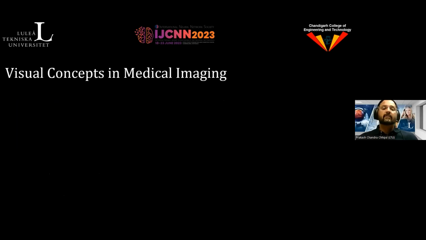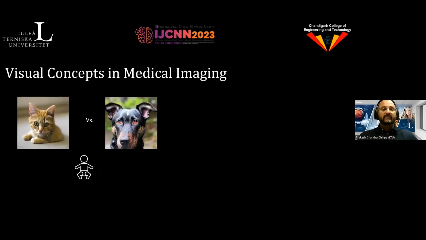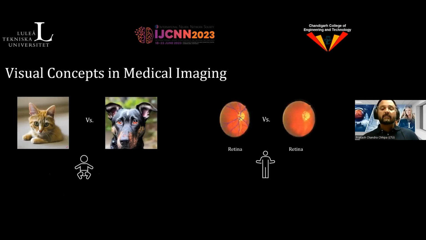Then coming to the visual concepts in medical imaging. With natural scenes, it is very easy to understand the features and concepts present in the images; they do not require any specific detailing. However, with medical images, and specifically diabetic retinopathy images, it is not obvious to understand the detailing and the difference between one and another.